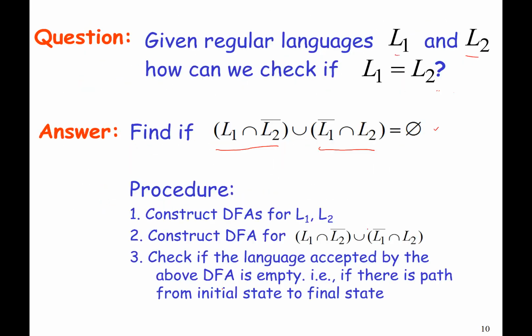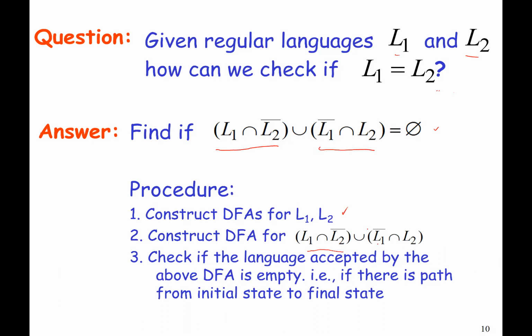So the procedure would be to check if L1 intersection L2 bar union L1 bar intersection L2 is empty. Knowing L1 and L2, construct DFAs for L1 and L2, and then we can construct the DFA for L2 bar, and we can construct a DFA for L1 intersection L2 bar.